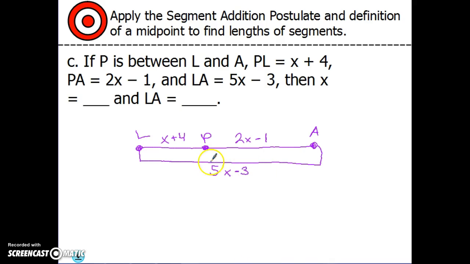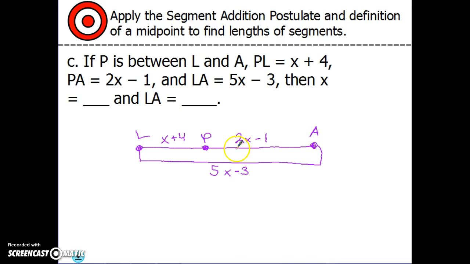Interesting. So first of all, when you're setting up these equations, just think about what is the relationship between all the segment pieces you have. What we know is that whatever the length of LP is and whatever the length of PA is, when we add these two together, we would get the length of LA. These expressions are representing the lengths of all of these segments. We just don't know what x is right now, so we don't know what the exact lengths are.